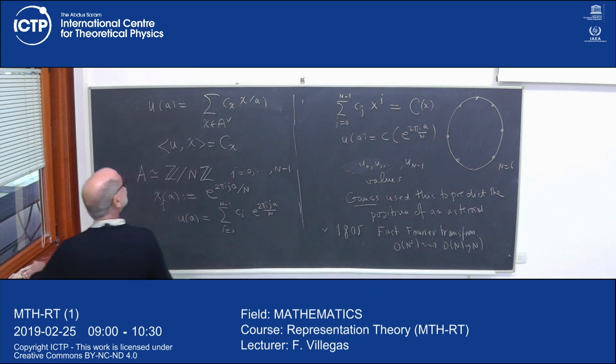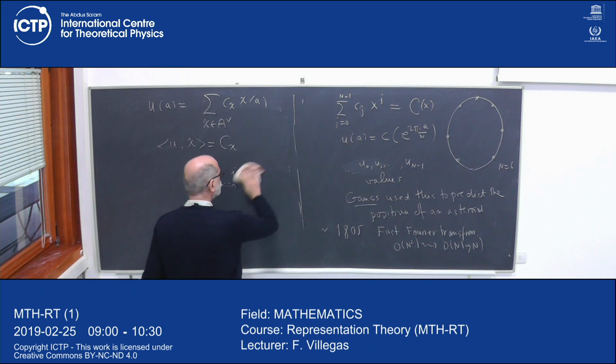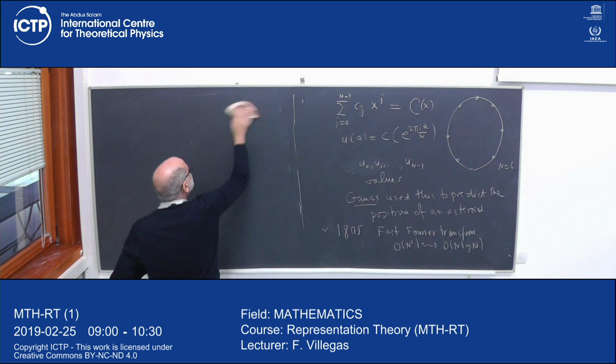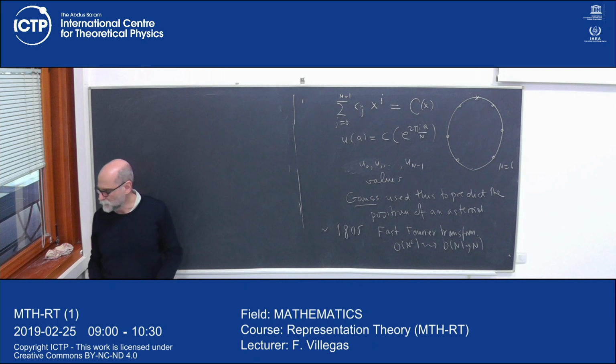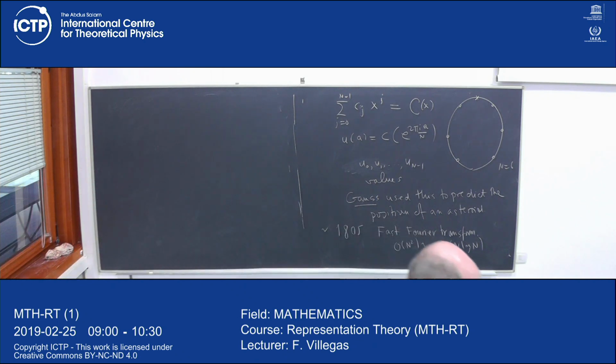So, summarizing then, this already shows a little bit of the use of this representation theory, but from the point of view of representation theory, it's a very, very non-trivial, but fairly simple case.